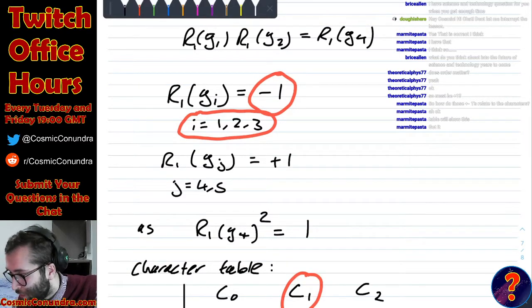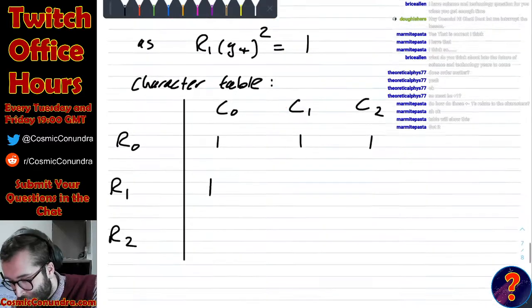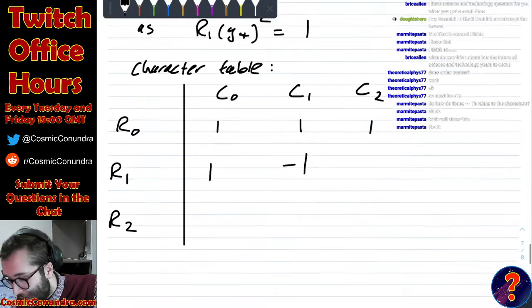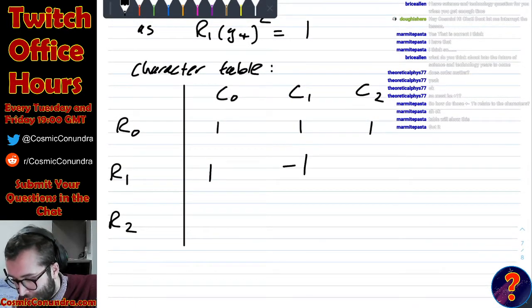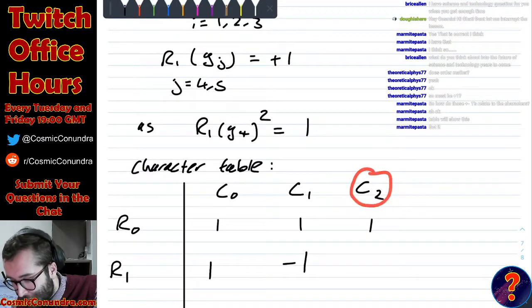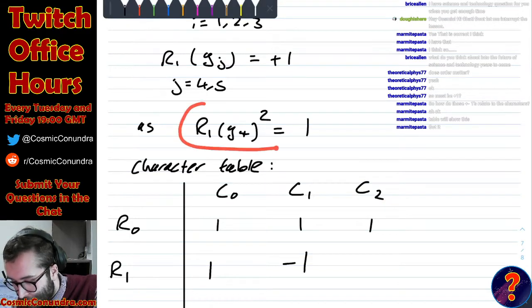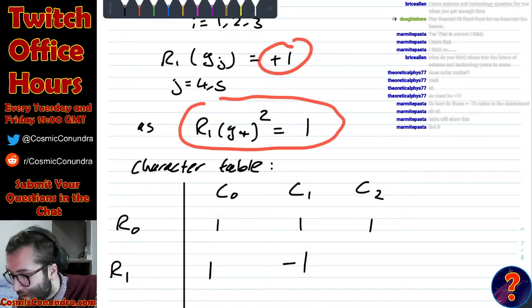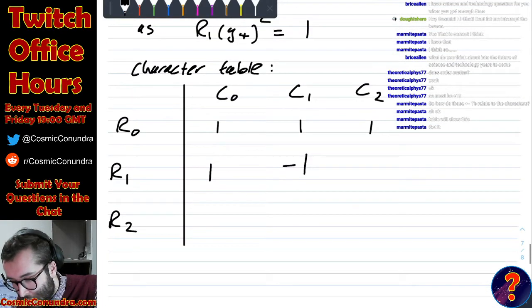Therefore, the trace of that 1 by 1 thing is just the thing itself. So their character is -1. And likewise for this second class, which has G4 and G5 in it, that will have a character of +1, as we wrote here. Okay.